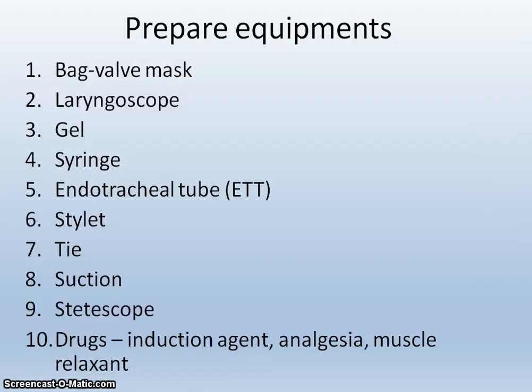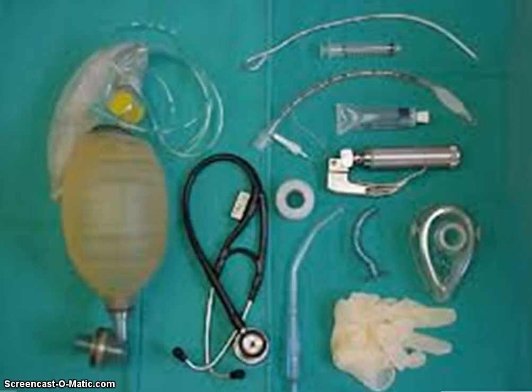Now, you also have to understand the equipment used in the intubation process. These are some of the equipment that we normally use to help us intubate. This is the bag valve mask, or manual ventilator.